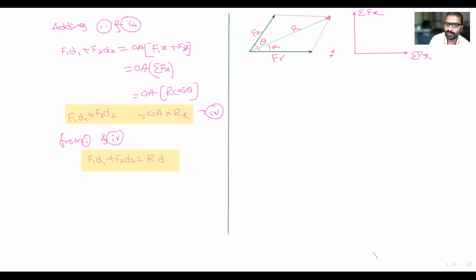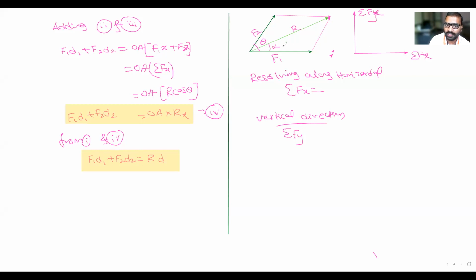Is it correct? This is resolving along the horizontal direction, equal to sigma Fx. And in the vertical direction, you will get sigma Fy. This is Fy, not Fx.